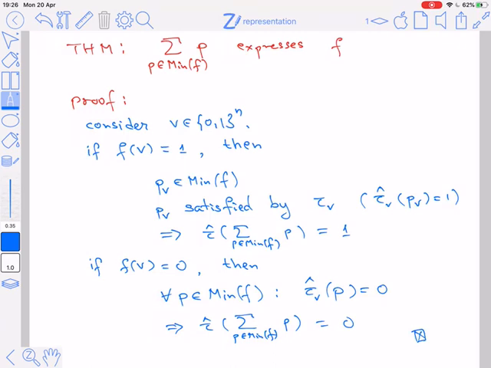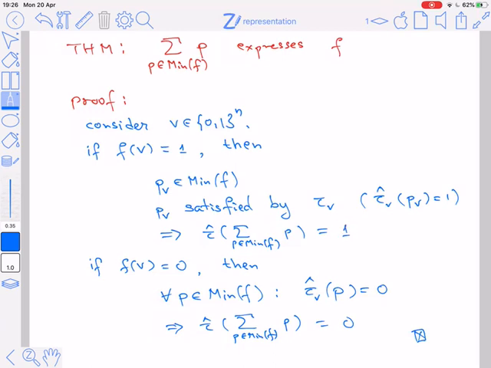And because p of v is satisfied by this truth assignment, then the OR of all these products, which includes p of v as one of the members in this set, is also satisfied. So we got a value 1 here, we also get a value 1 here.